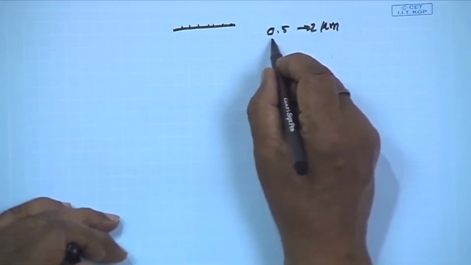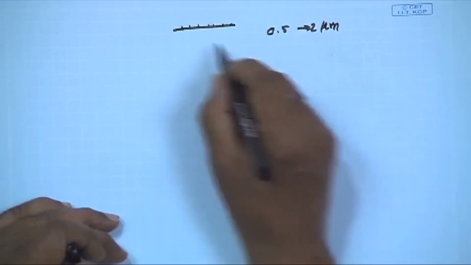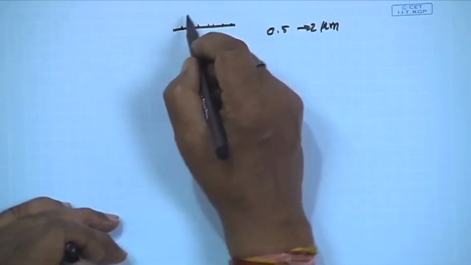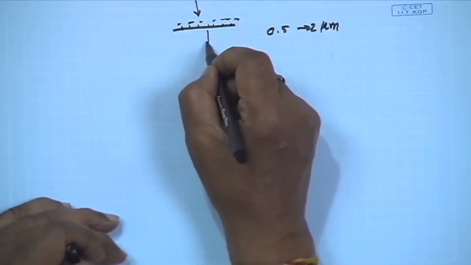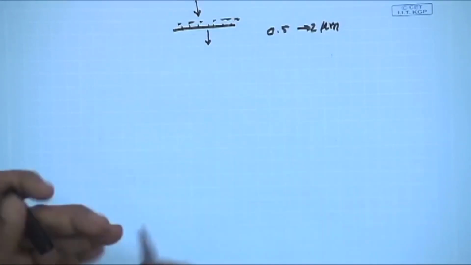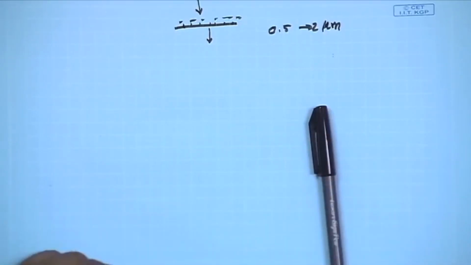If I keep the pore size less than 0.5 micron, then when you pass your liquid, all the bacteria will be retained. The only problem, as I told you, is that there will be a tremendous pressure drop across the membrane, and the life of the membrane is also quite less. So it is very expensive as compared to heat.